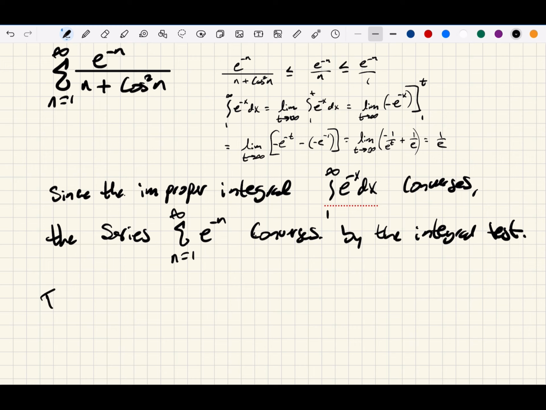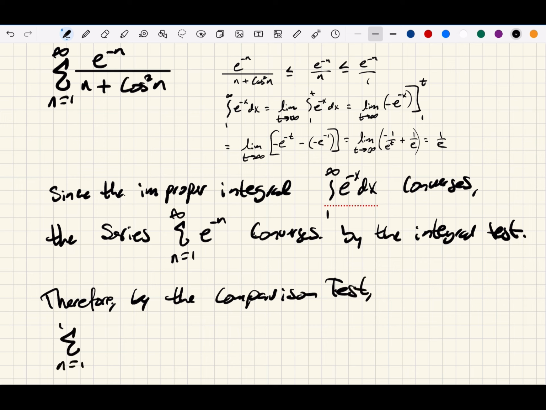So then we can say, therefore, by the comparison test, sum n equals 1 to infinity e to the minus n over n plus cosine square n also converges. Okay? Any questions?